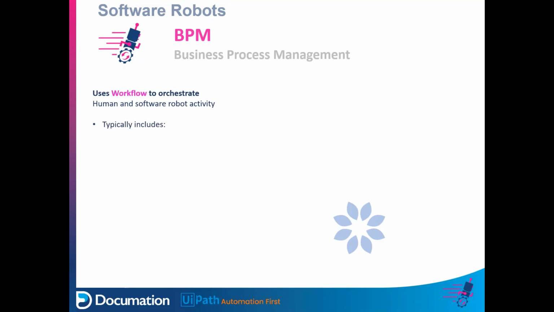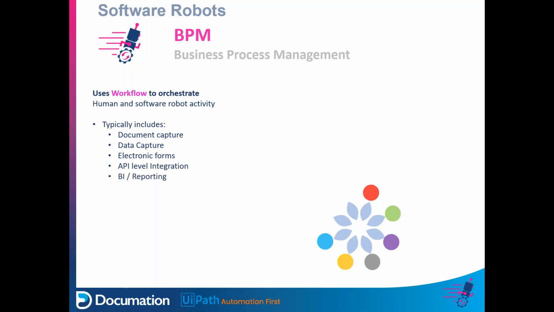BPM uses workflow to orchestrate both human and software robot activity, and it typically includes capabilities such as document capture, data capture, electronic forms, and typically API level integration, so that is transferring data from system to system directly using software. And it includes BI and reporting so that we can visualize what's happening within the process.